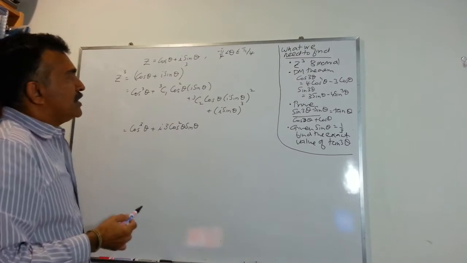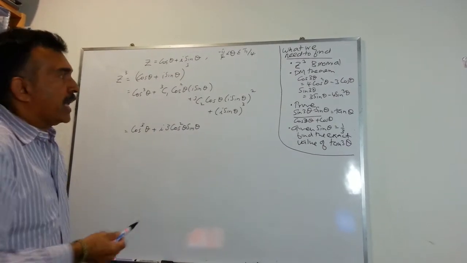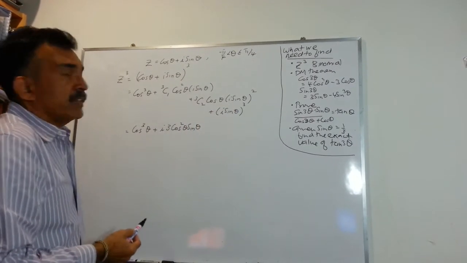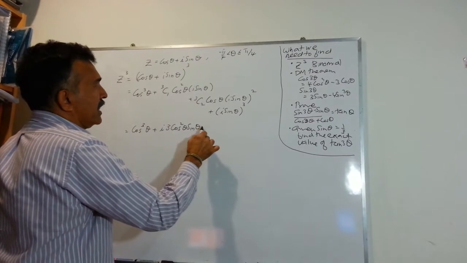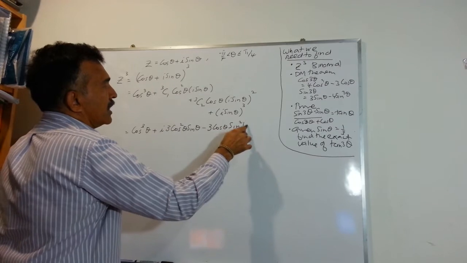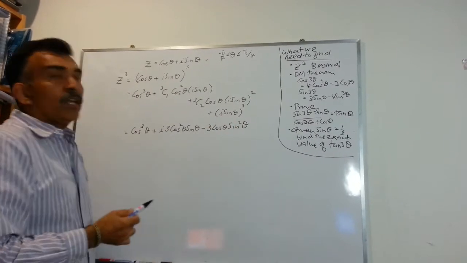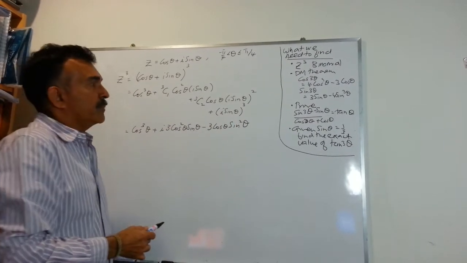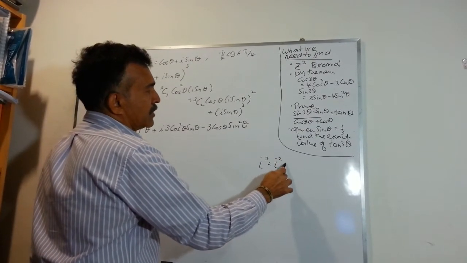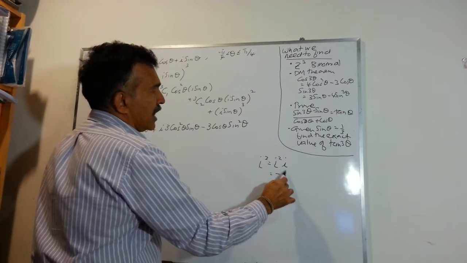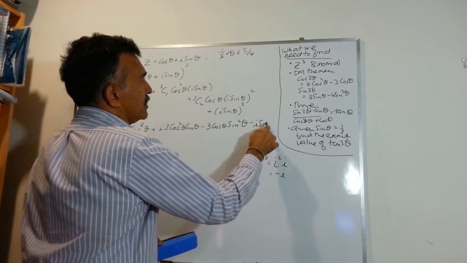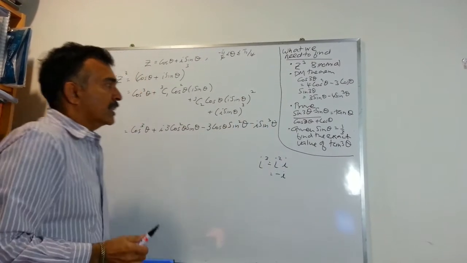Then for my next term I have 3C2, which is 3, and I have i squared here, and i squared we know is negative 1, so I'll have negative 3 cos theta sine squared theta. Then I'll have i cubed sine cubed theta. So i cubed is equal to i squared times i, which is minus i. So we have minus i sine cubed theta.